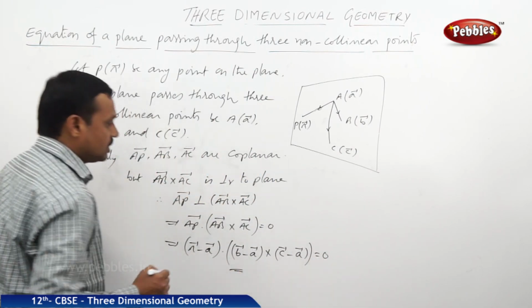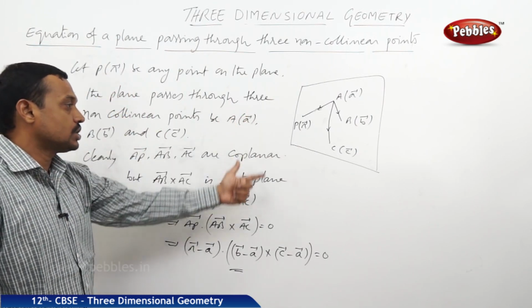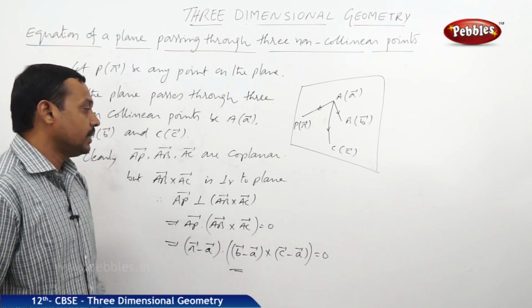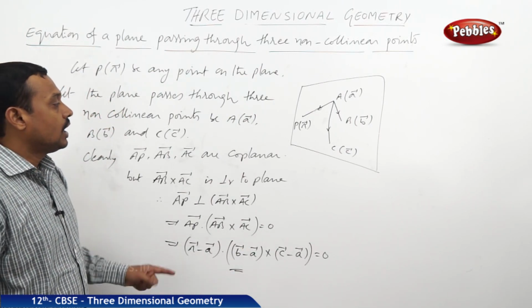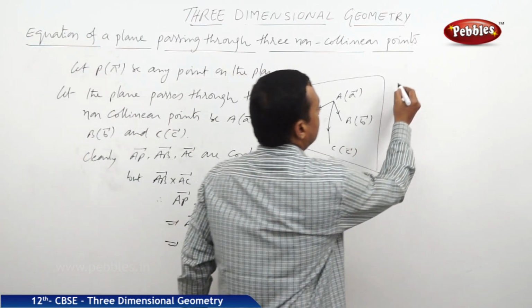Now this is the vector equation of the plane that passes through three non-collinear points A, B, C. Now let us find the Cartesian equation for the same plane. Cartesian form.